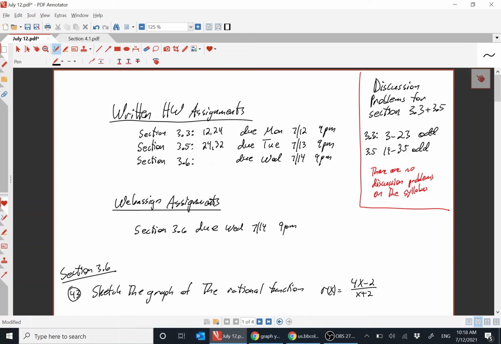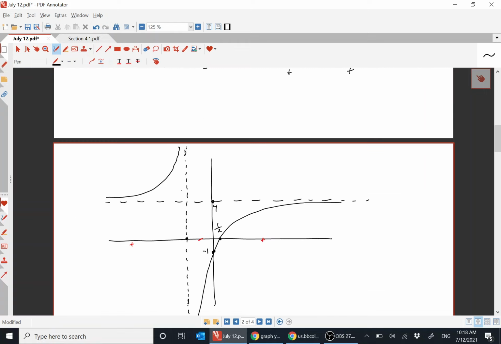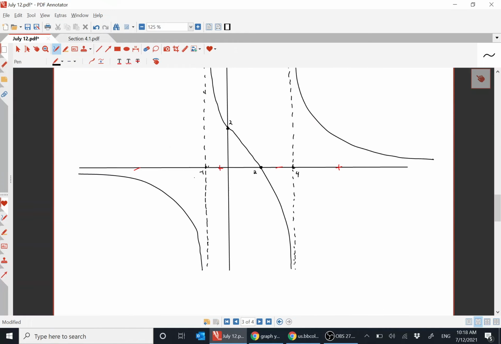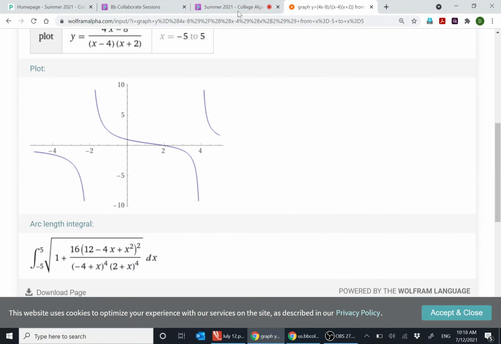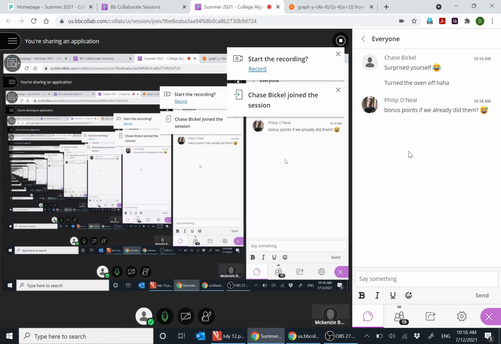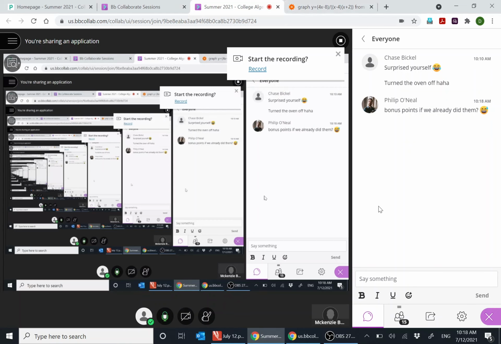So let's take a look then at number 50 through 55. Did you sketch the graphs or did you just do the asymptotes?